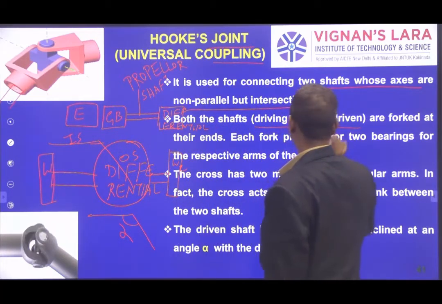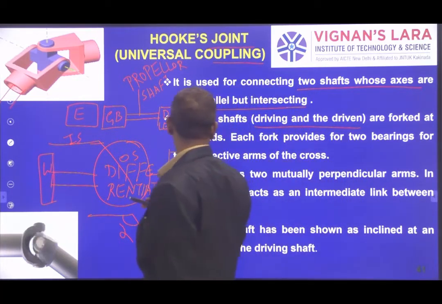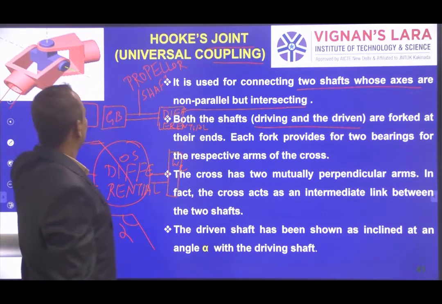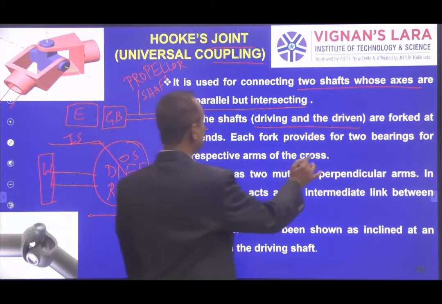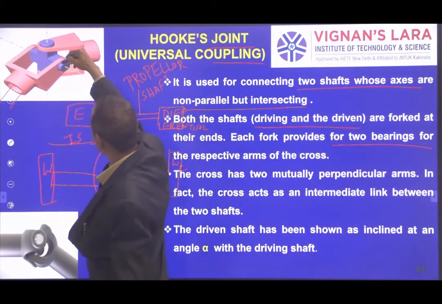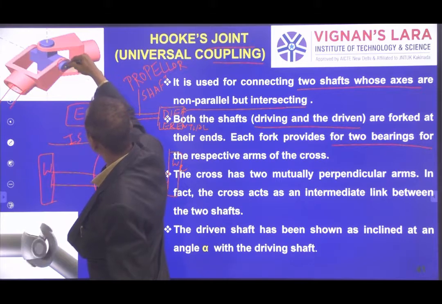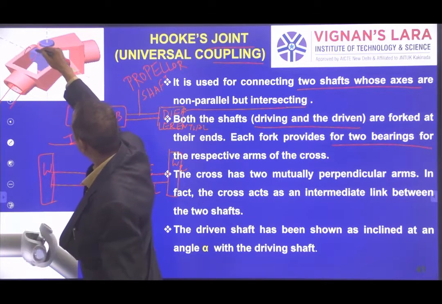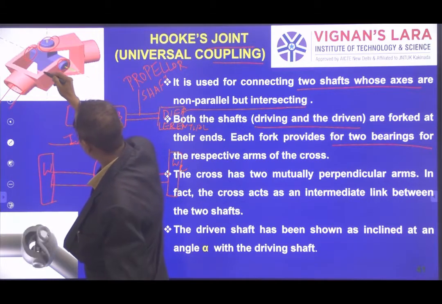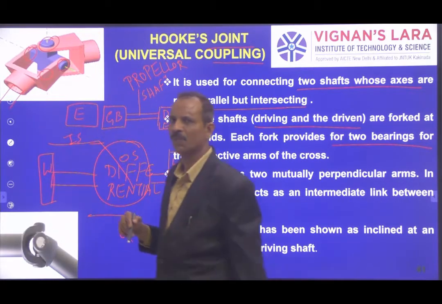That is, the driving and driven shafts have their ends made like this. Each fork is provided with bearings, two bearings for the respective arms. That means here there will be a bearing and here there will be a bearing. Similarly, here there is a bearing and at the bottom there will be a bearing.